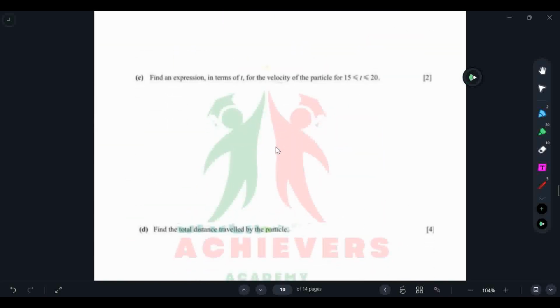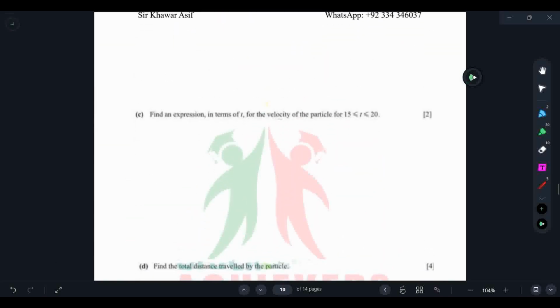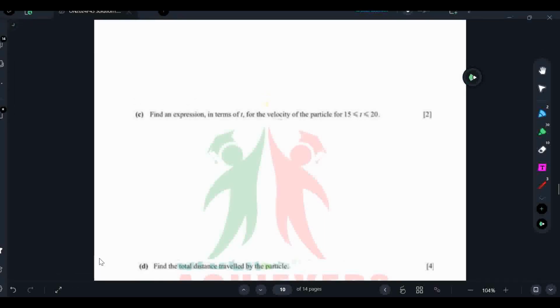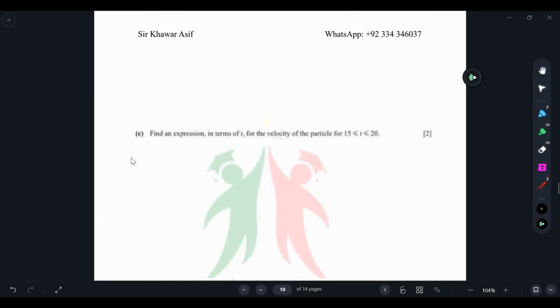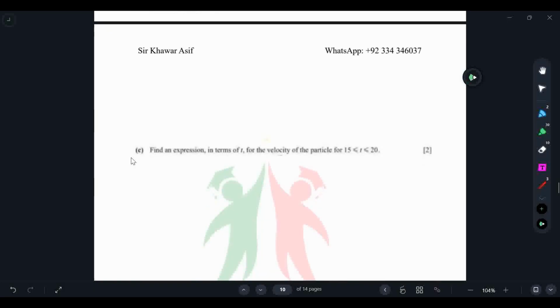The next part will be part C. Find an expression in terms of t for the velocity of the particle for 15 to 20 seconds. We need to find the equation for the velocity.